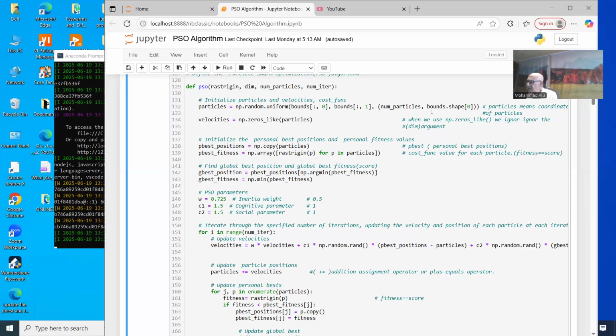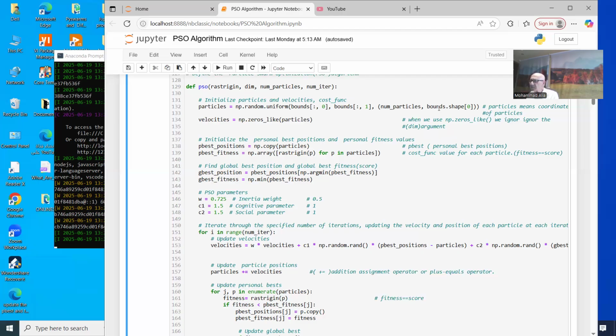I have explained to you yesterday how the bounds dot shape of 0 comes and how it gives you the dimension of the particles array.